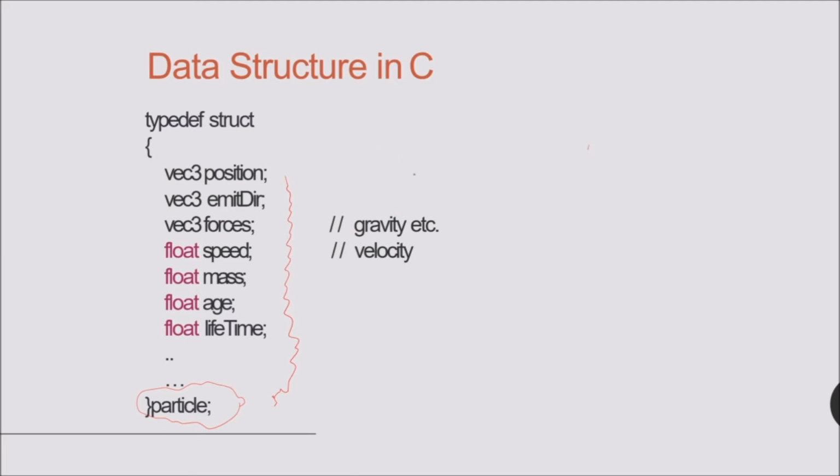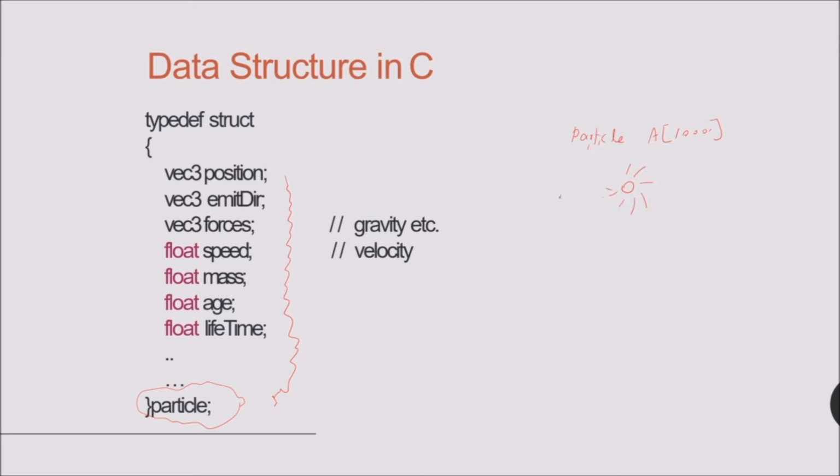In this case, if you're having a particle like this, obviously I have to make a particle array, right? So particle a of 100,000, maybe, whatever. If you create it like this, each element has all these properties, which is position, direction, forces, speed, and all that.